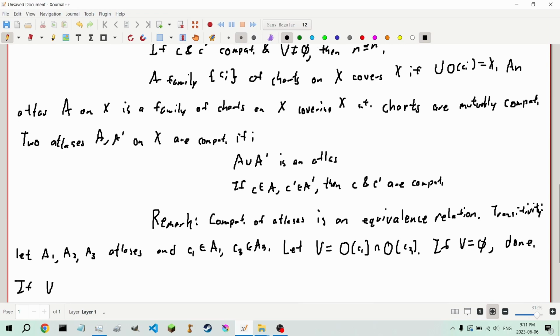If V is non-empty, let phi1 be the map of C1 and phi3 be the map of C3.